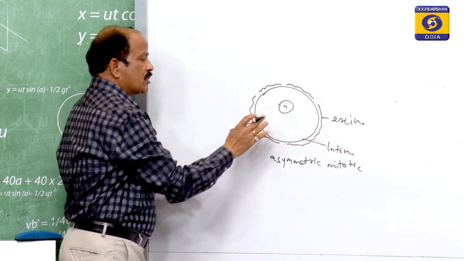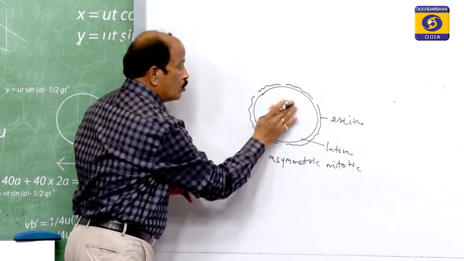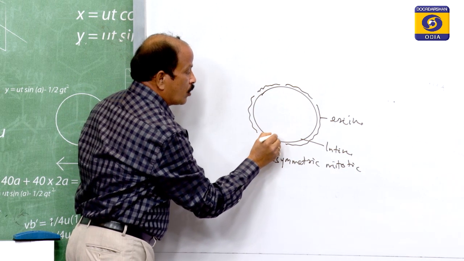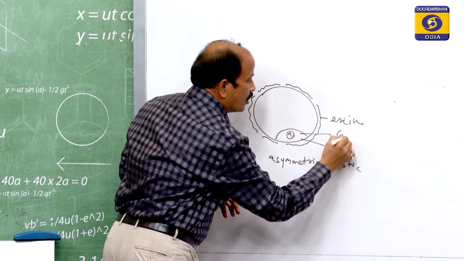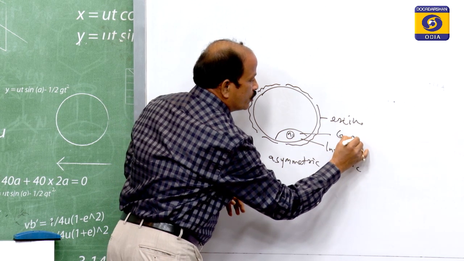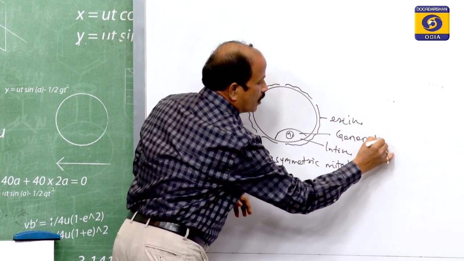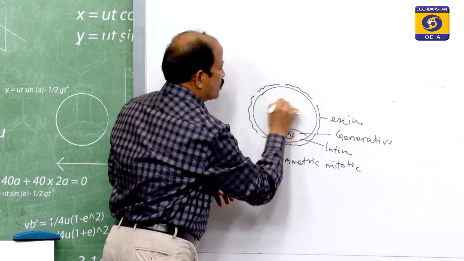Subsequently, this divides resulting in 2 nuclei, and one nucleus here is the generative cell and the large one is the vegetative cell.